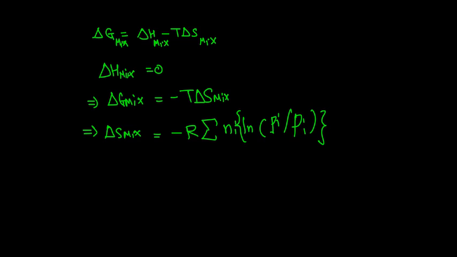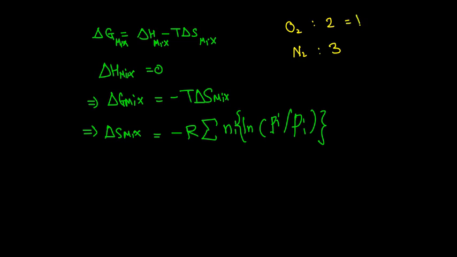Now consider an ideal gas mixture of oxygen, such that the initial pure component oxygen pressure was 2 bar, and you have nitrogen whose initial pure component pressure is 3 bar.